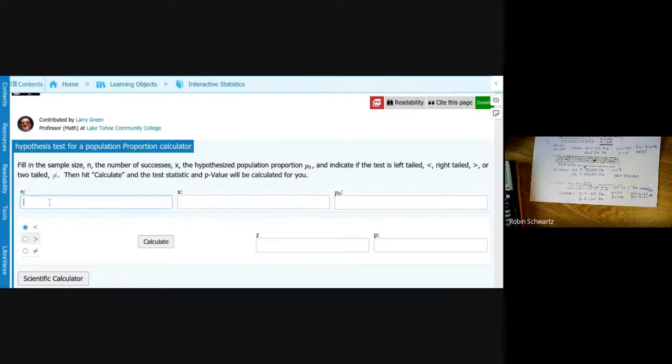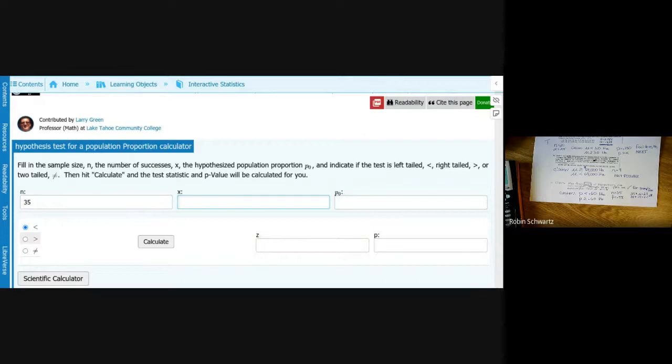So we know N is 35. I did not give you the X. I gave you the percent of successes, 58% successes. So now I've actually got to multiply 0.58 times 35 to get how many successes I had. So 0.58 times 35, I got 20.3.